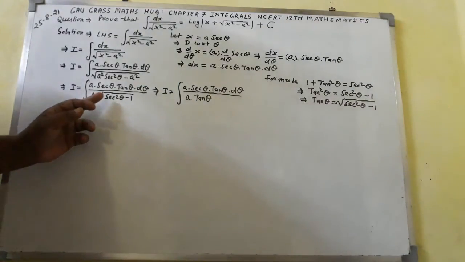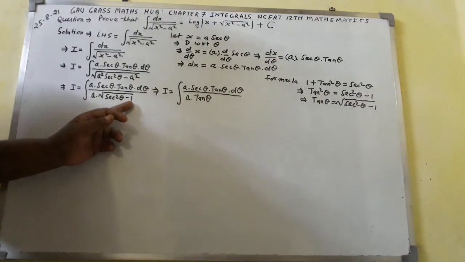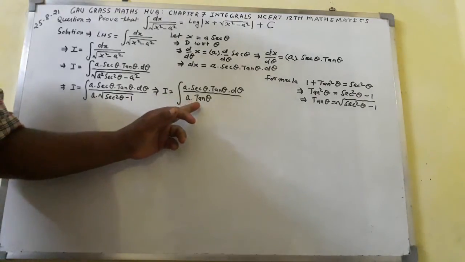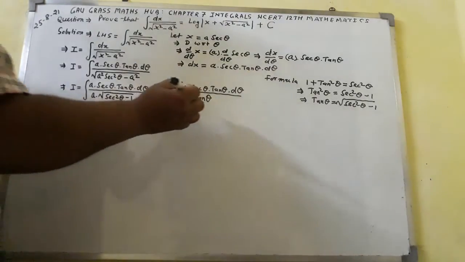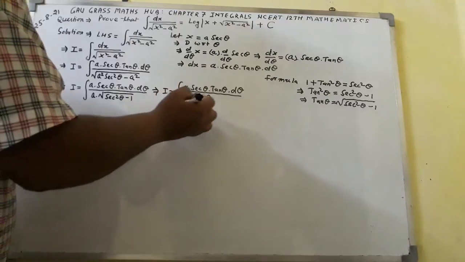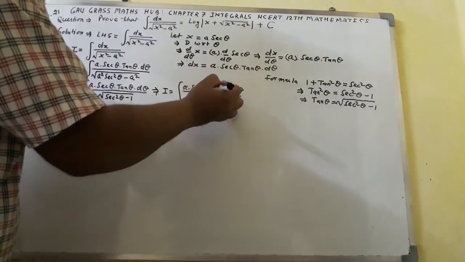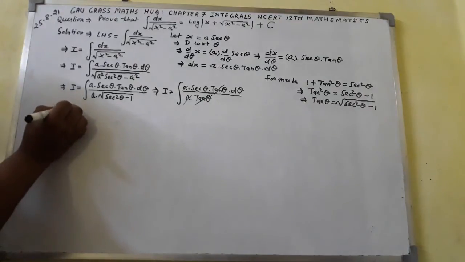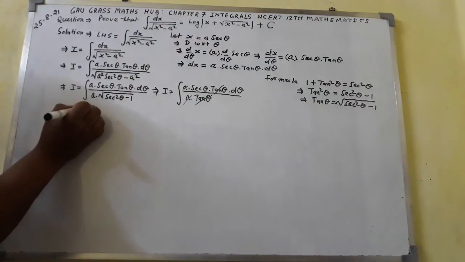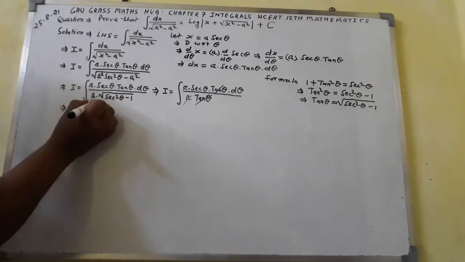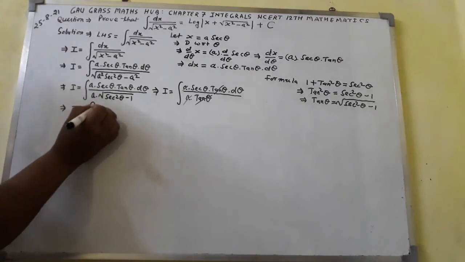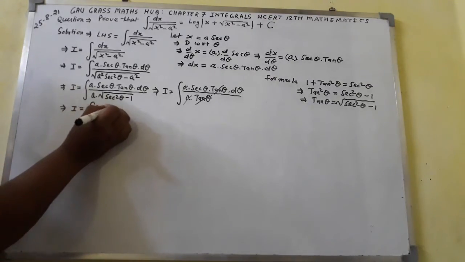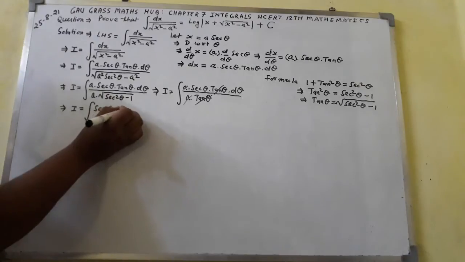So in place of under root sec square theta minus 1, I shall write tan theta. What will we do? A will be cancelled, tan theta will get cancelled. You will get I equal to the integral of sec theta d theta.